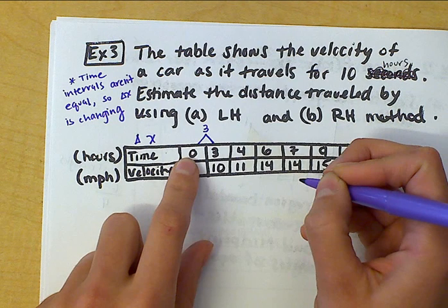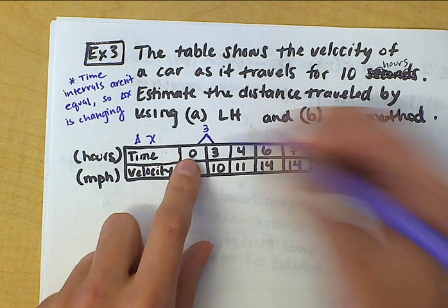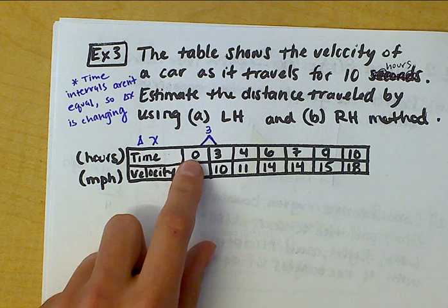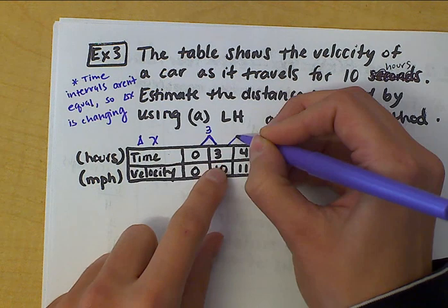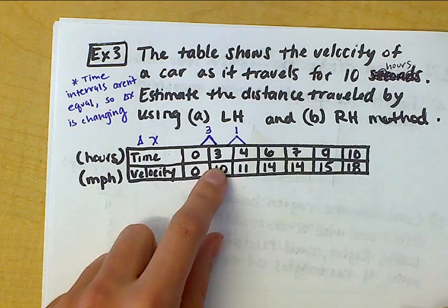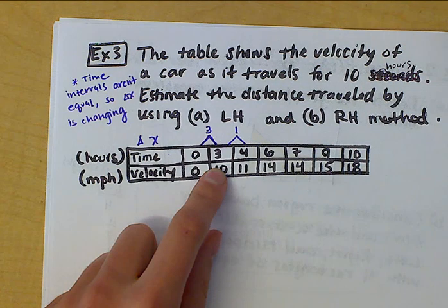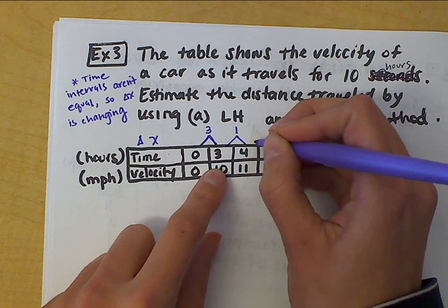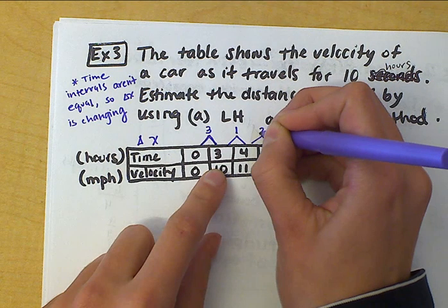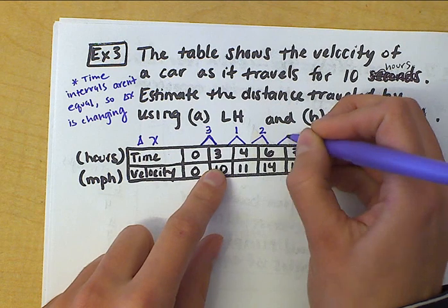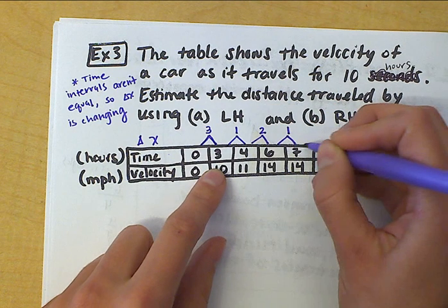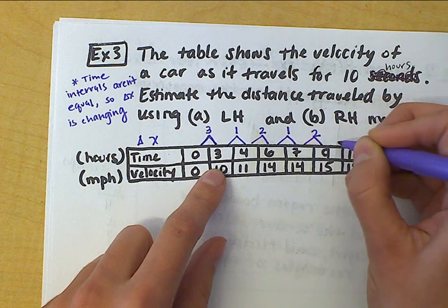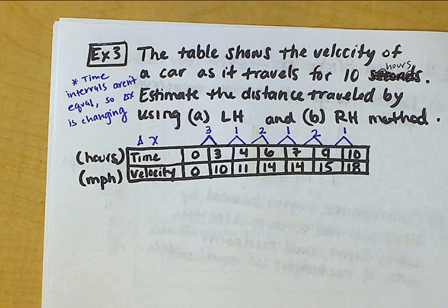And you'll see why I'm making this little arrow type of thing. Between 3 and 4, x changed by 1. Between 4 and 6, it's 2. Go ahead of me. Okay. So here are my change in x's.